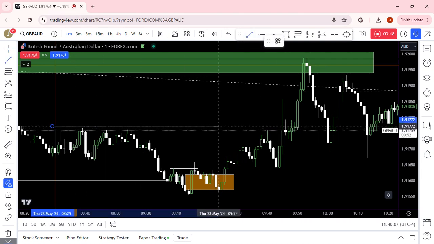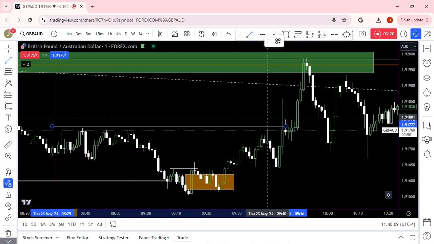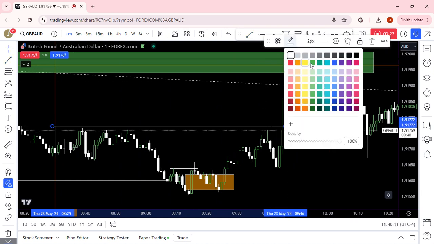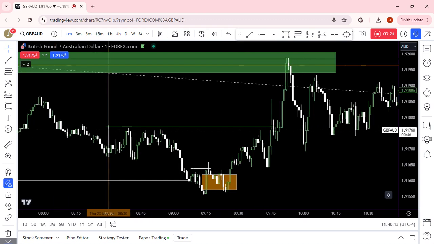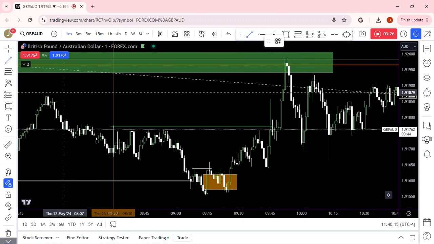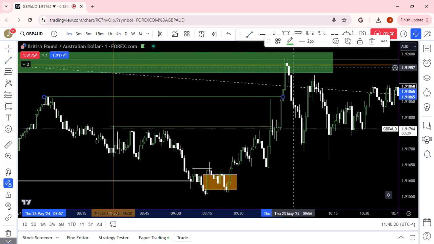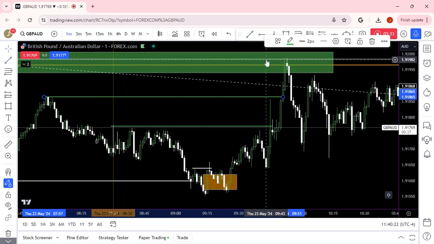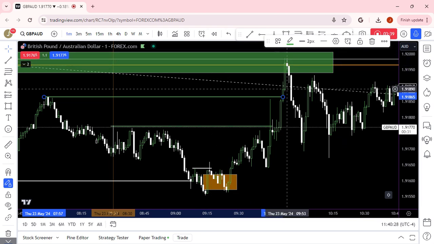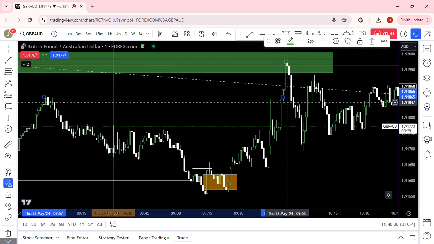I have my take profit right here, right here, and also that fair value gap, which is this green shaded area, and that 50% level. So you can see right there, that's algorithm.